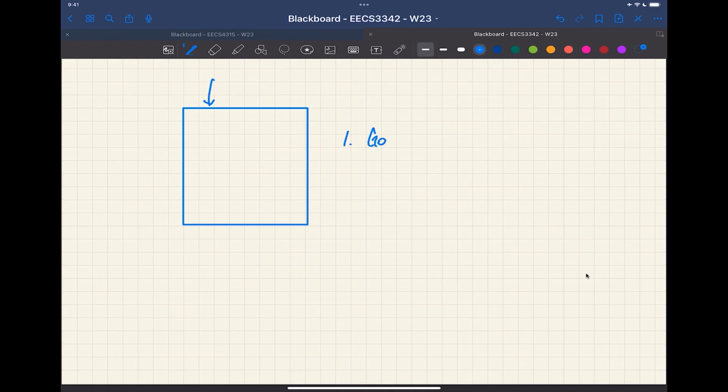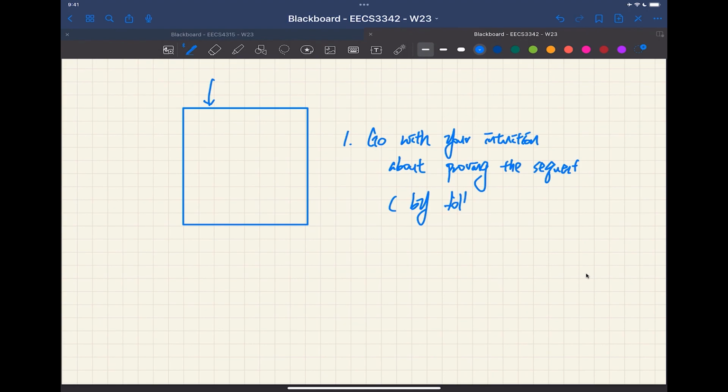Go with your intuition about proving the sequence by following one path.